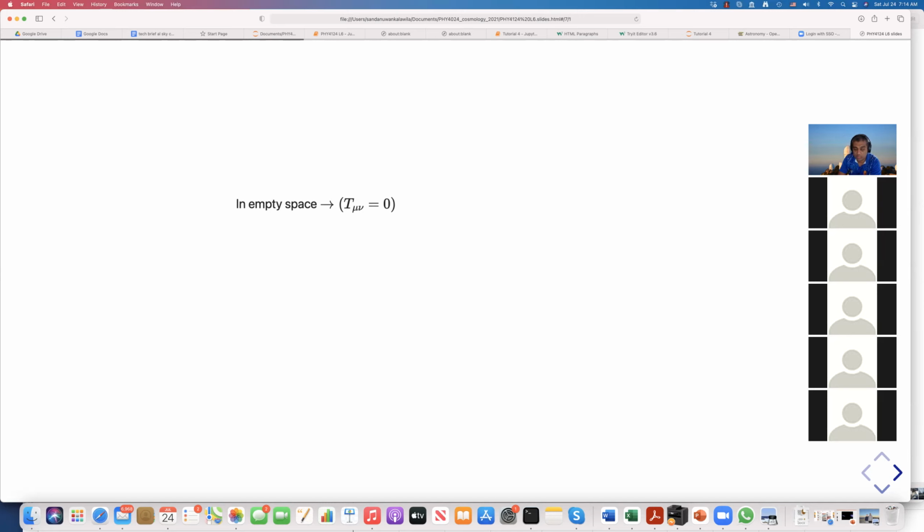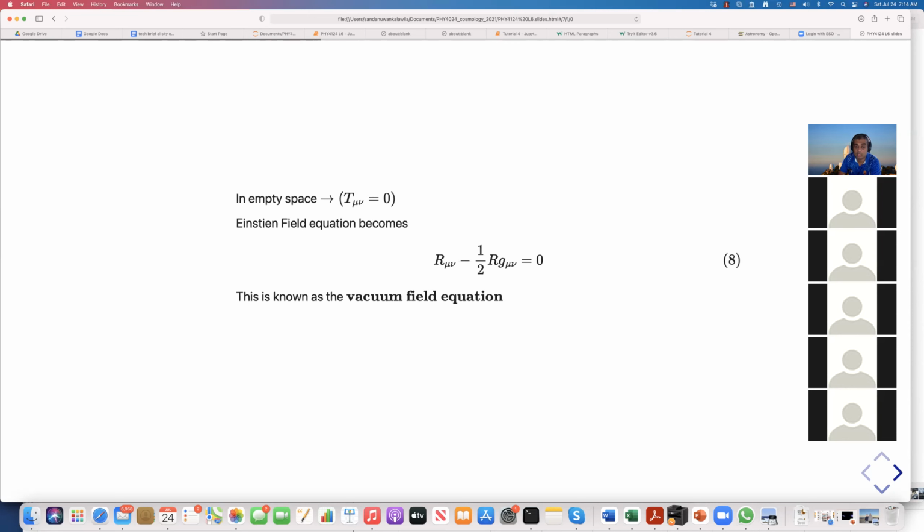If you remember the Einstein's field equations that we derived last Monday, it was R mu nu minus half R g mu nu, and then on the right hand side there was the energy momentum tensor, right? But in this particular situation, we are considering only empty space, which means the component T mu nu on the right hand side should be equal to 0.